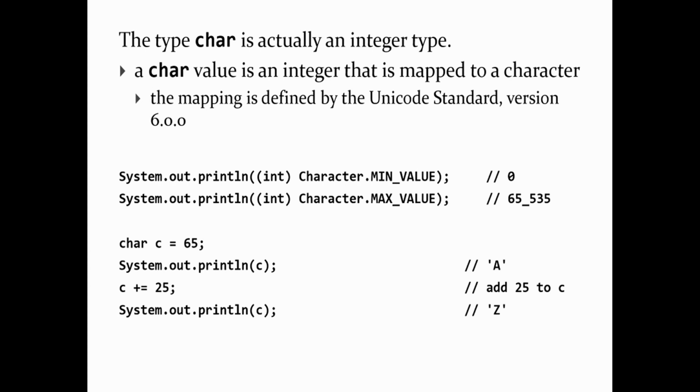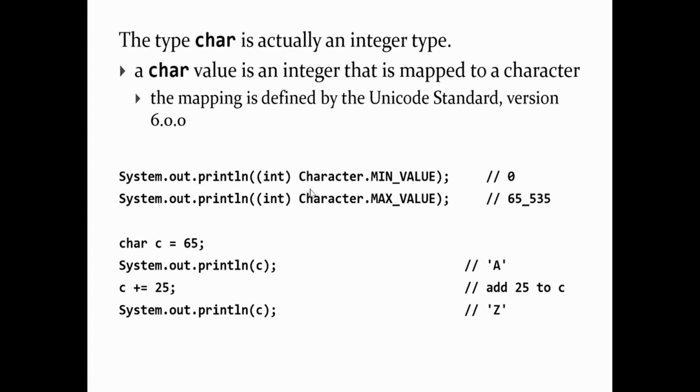The way you do that is with this funny notation here, the round brackets with int inside. That is called a cast, and it's saying take the thing on the right and reinterpret its value as an int value. So take the char value, Character.MIN_VALUE, and treat that as an int.